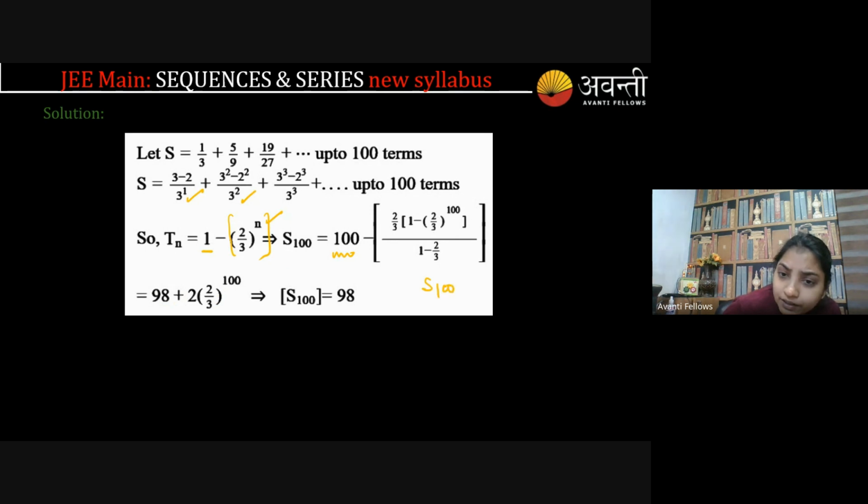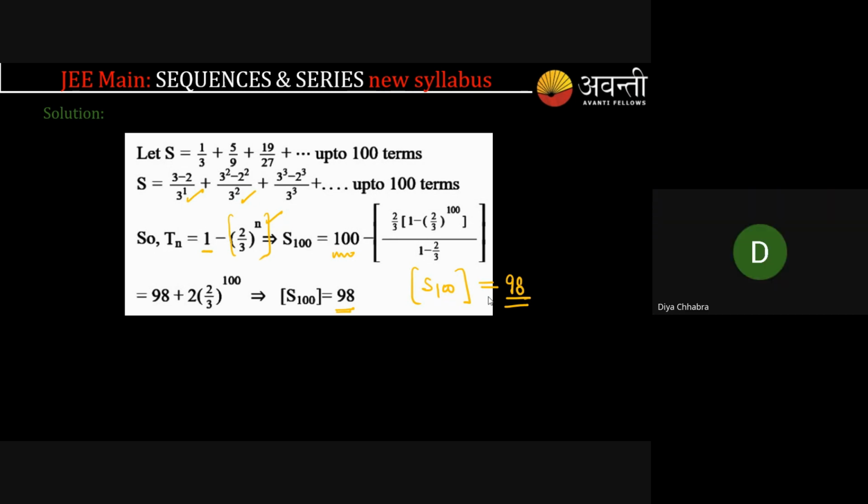I need to calculate the greatest integer of the sum, so it must be less than or equal to the value. So what will be the value? The greatest integer, that was 98, right? Clear? Is it clear to everyone? Ma'am, can you explain it again?